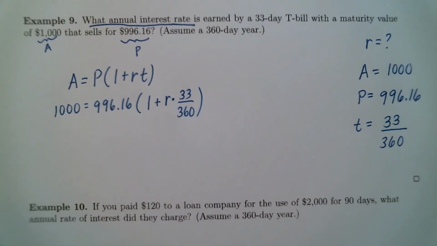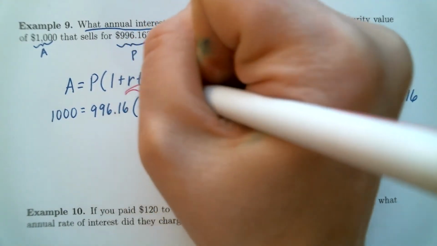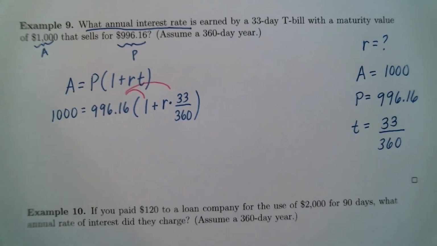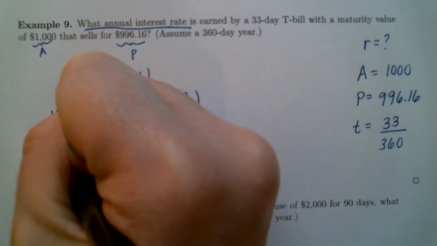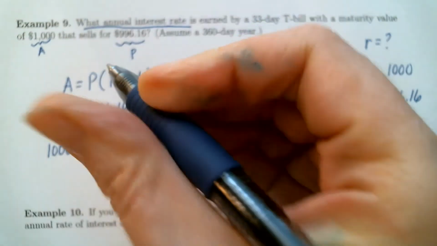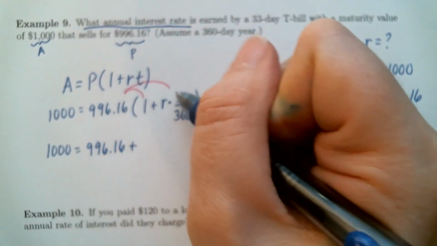To solve this, I am going to start by distributing across the parentheses, distributing the $996.16. So we're going to get 1,000 is equal to $996.16 plus, now you have to distribute here.